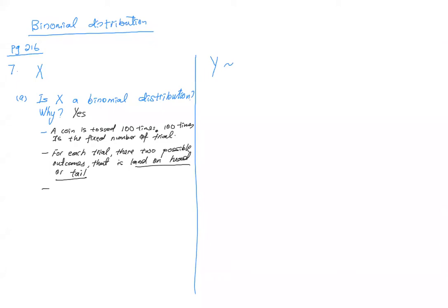But the best is you talk about the variable: the probability of getting a head for each trial, for each toss, is the same.